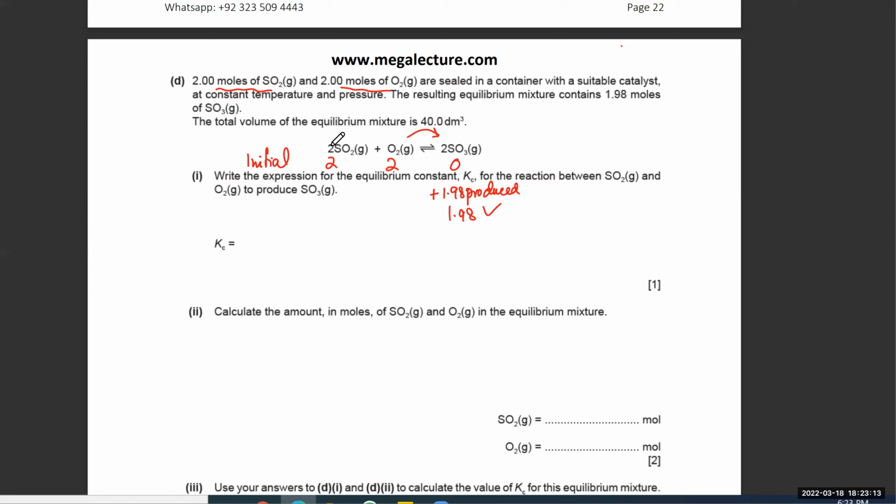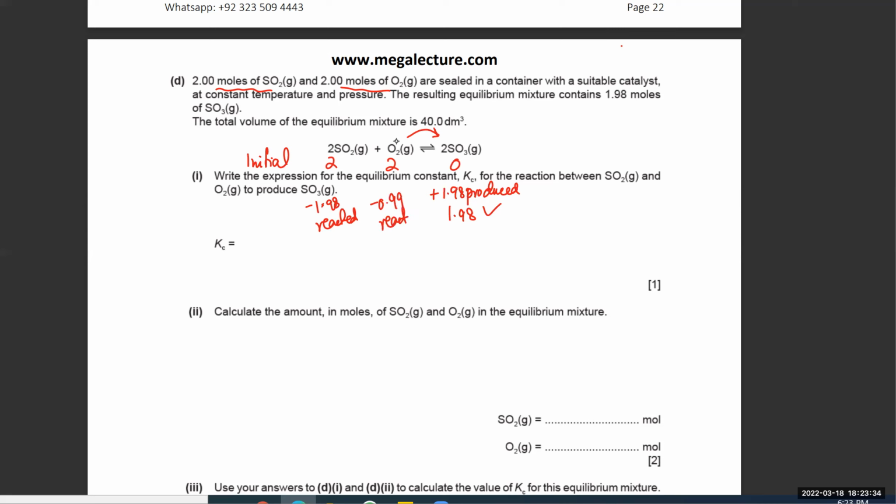It's 2:2, right? 1.98. So 1.98 reacted, right? और O2 के कितने रिएक्ट हुए होंगे? It's 2:1. क्या होता है 1.98? 0.99. ठीक है, वो रिएक्ट हो गए.